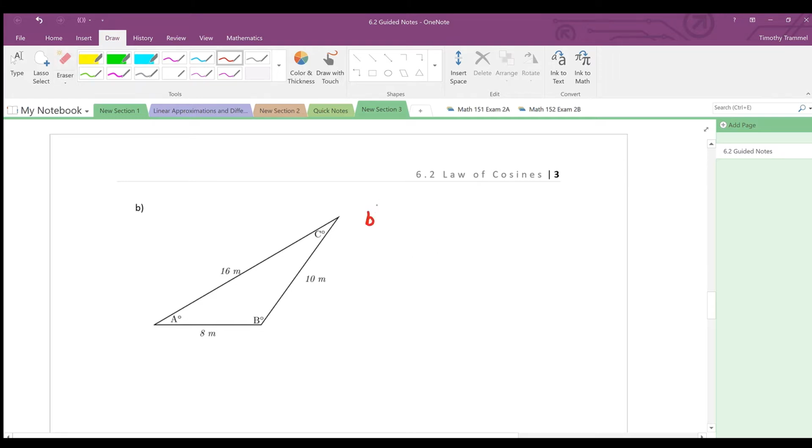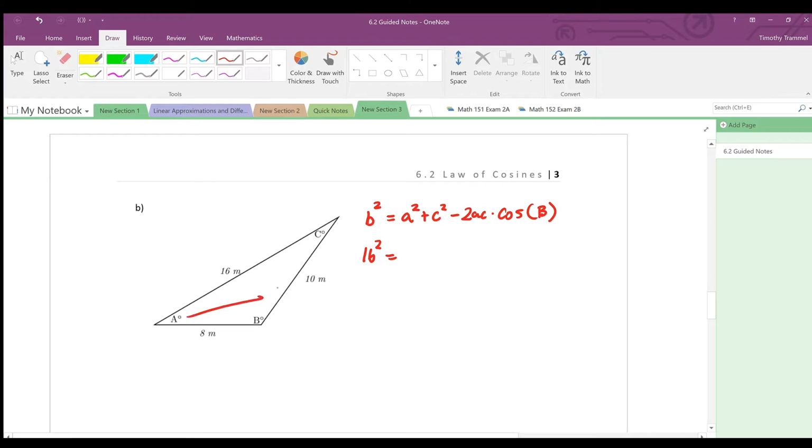So it ends up we actually want to use the same formula here again. B squared is equal to A squared plus C squared minus 2AC times cosine of B. And we know that B squared here is going to be 16 squared. And then A squared, so let's see, which one is A?